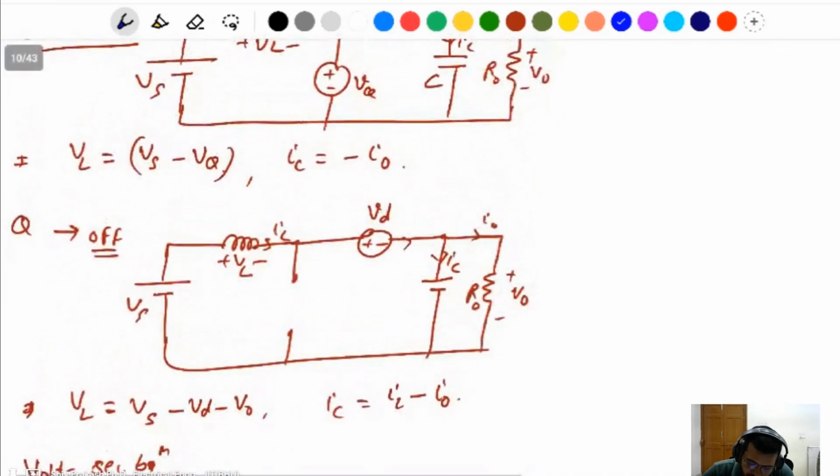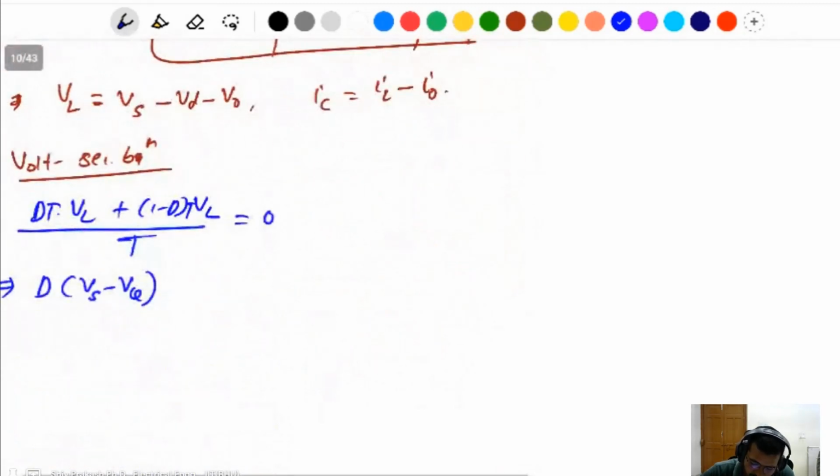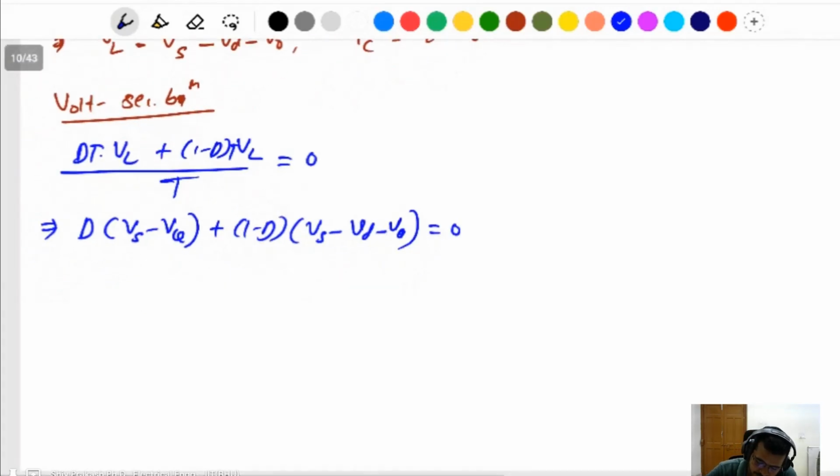The on time voltage is Vs minus VQ, and the off time, 1 minus D, voltage is Vs minus Vd minus V output, equal to 0.